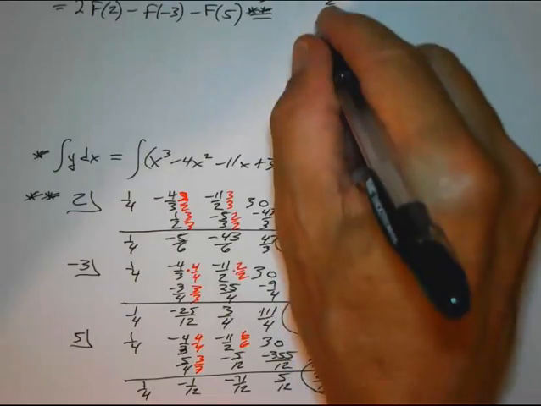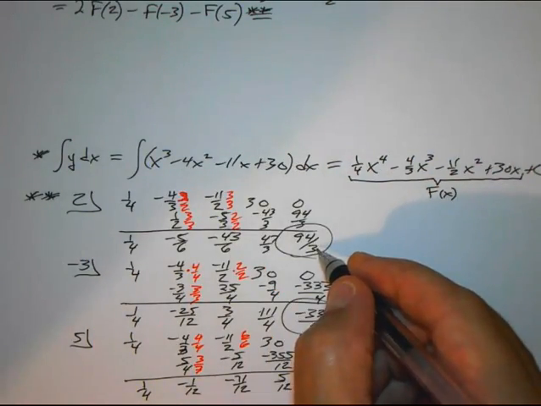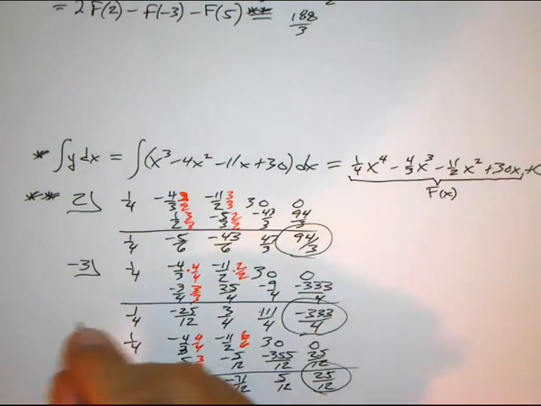Main equation, okay, 2 F of 2's. 2 of these, okay, 188 over 3 minus the F of negative 3.